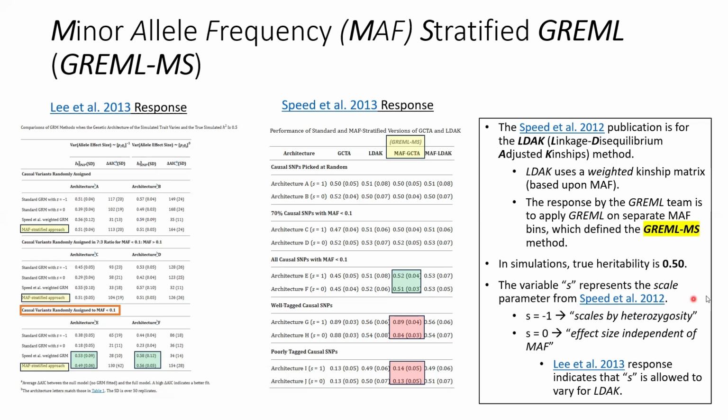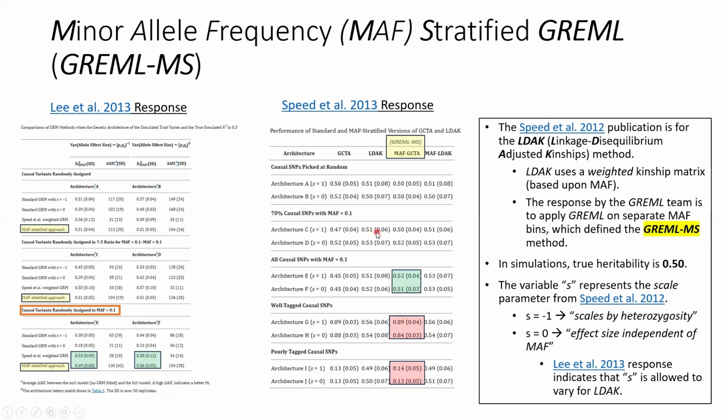So this other article describes a method that uses a weighted kinship matrix, and the response to that article is that there are issues that can be improved if you use a weighted GRM, but you can also still use GREML if you stratify the variance based upon their minor allele frequency, so their frequency in the population, separating the GRMs to be calculated separately for, say, rare variants and more common variants.